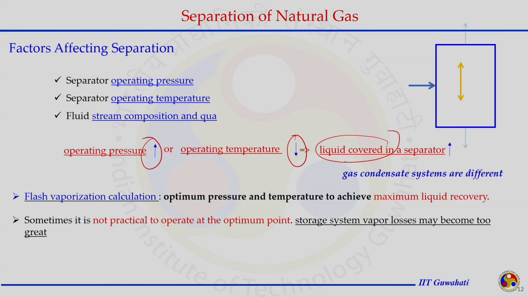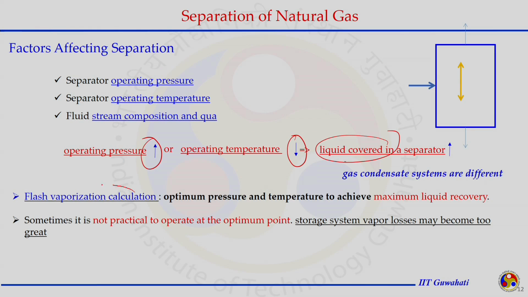The question is how to choose those temperature and pressure conditions, because in the previous calculations, when we were dealing with gas capacity and liquid capacity, those were empirical formulas given by Souders and Brown, and those empirical formulas need K, which is not known. Is there any procedure through which we can understand the amount of liquid and the amount of gas that will be treated within a particular separator, and if yes, how to perform that calculation?